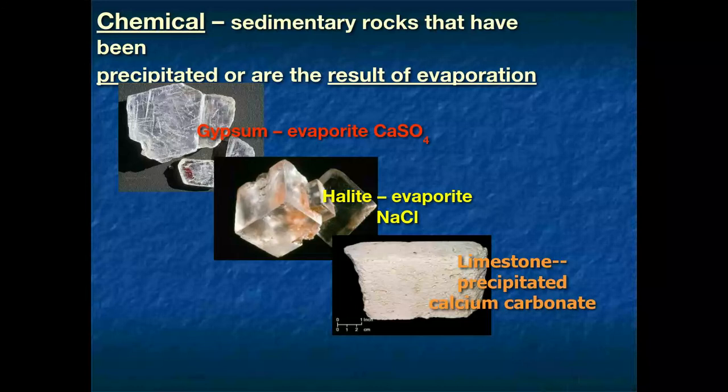One is I want you to look at the pictures of the gypsum, the halite, and the limestone, and recall what you observed in terms of the conglomerate, sandstone, siltstone, and shale. So for example, how would you tell texturally the difference between a chemical sedimentary rock versus a detrital sedimentary rock that we just looked at? Just by looking at these pictures, what would you conclude is a huge textural difference?